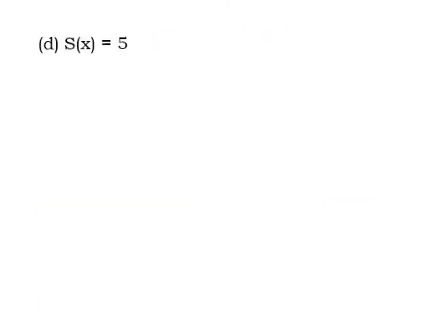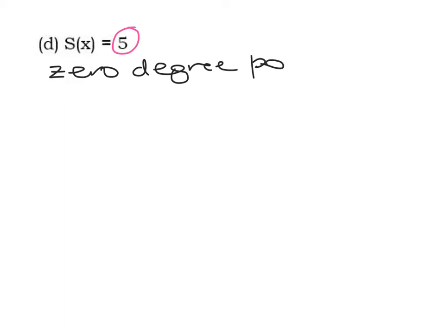Part D is a little bit trickier. We've got s of x is equal to 5. Now remember that this is still classified as a polynomial, even though it doesn't have any terms that contain x's. We would call this a 0 degree polynomial, so it's a special case.